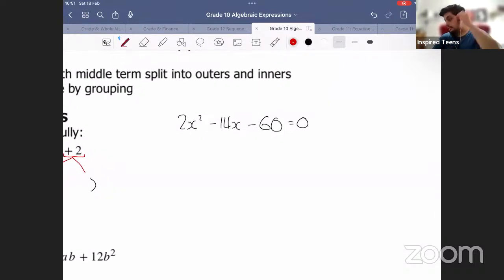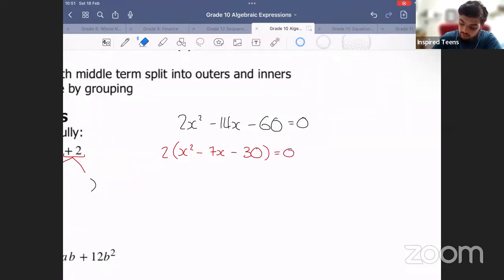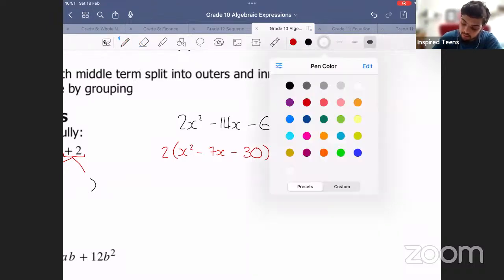Okay, so let's factorize this. The first step is we can take out a common factor of 2. I'm left with minus 7x minus 30. We don't have to have the equation, so I can get rid of that. We're just factorizing it at this point.